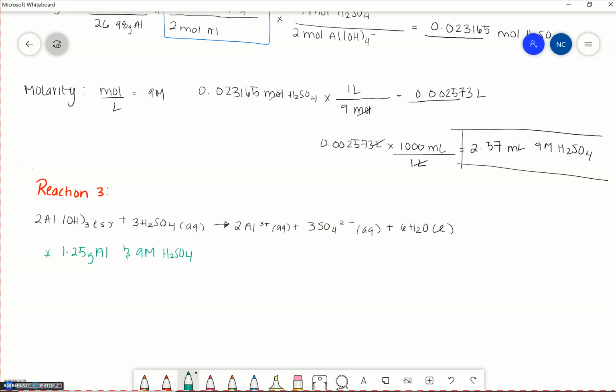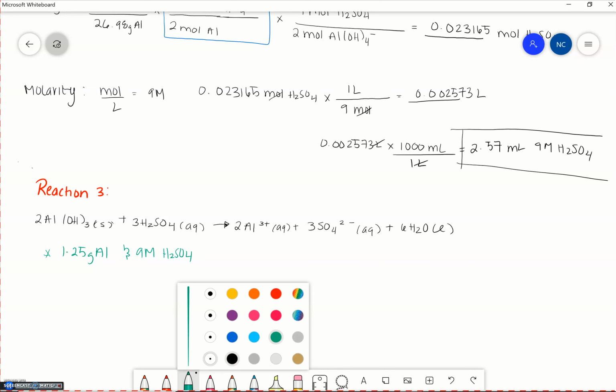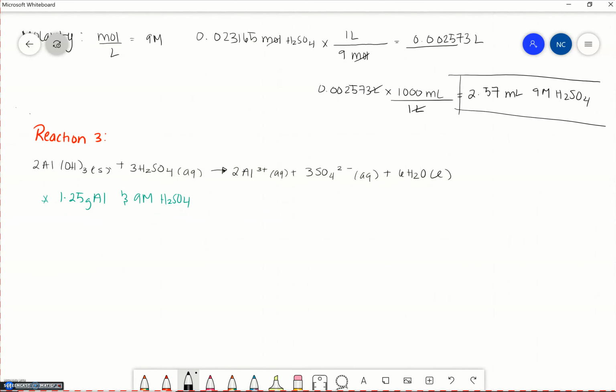Again, we're going to use stoichiometry to get the milliliters of sulfuric acid. So we're going to start out with the 1.25 grams. For every 1 mole of aluminum, the molecular weight is 26.98 grams.